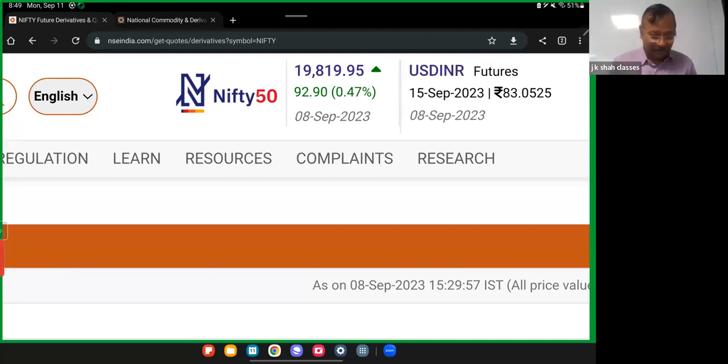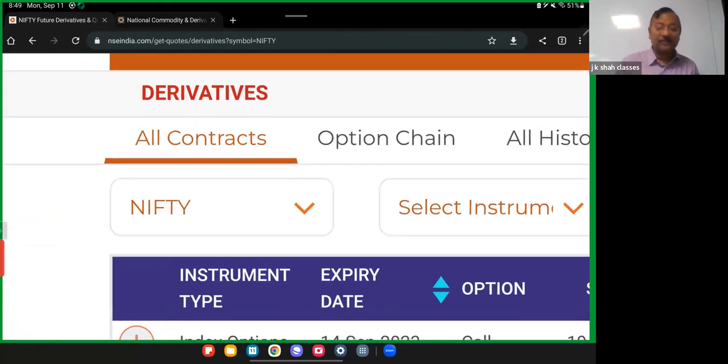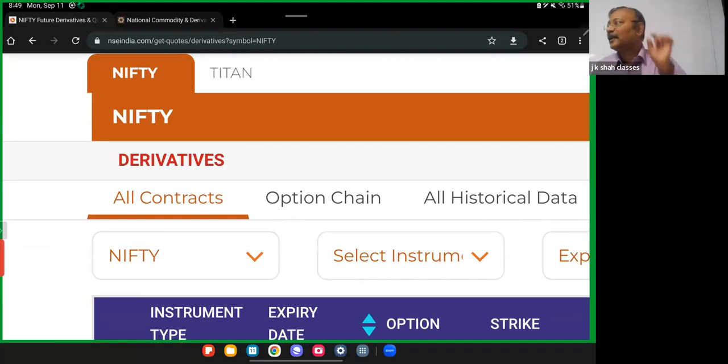And that is why when you look at the screen, you don't see spot Nifty in equity. In Nifty you can only trade in futures. But how will the future price be derived? Based on spot. But the technique of finding the future price for Nifty is slightly different from stocks.